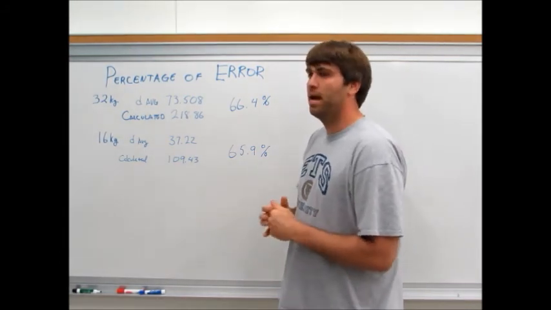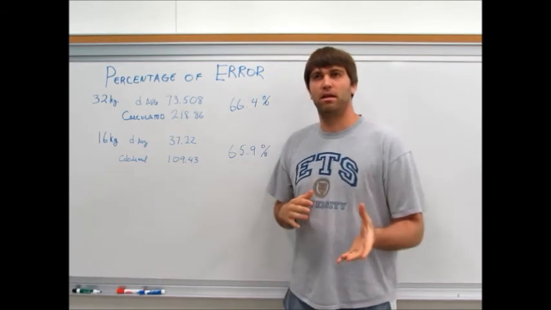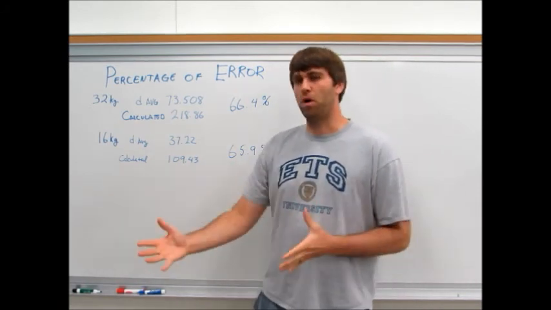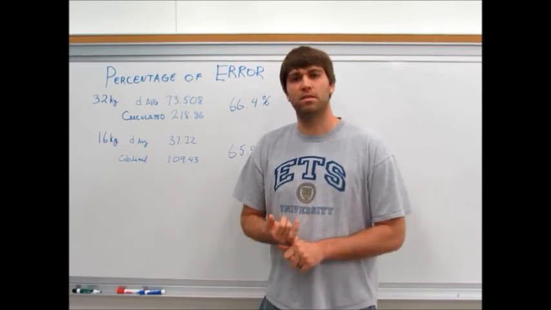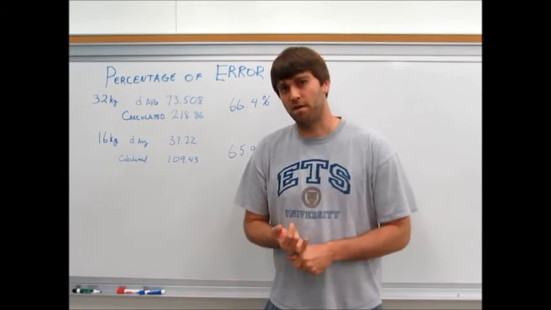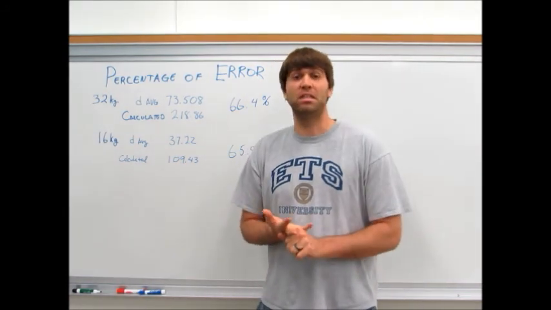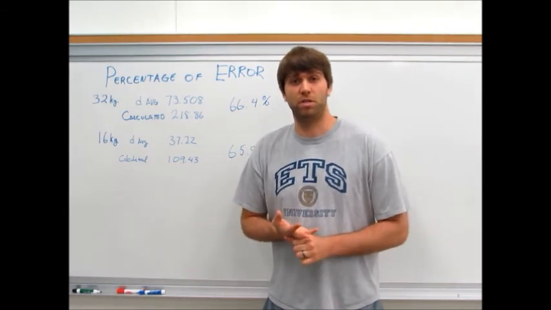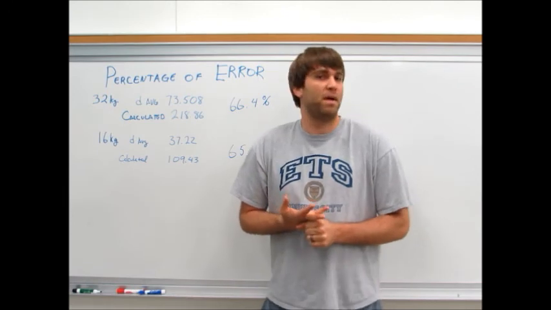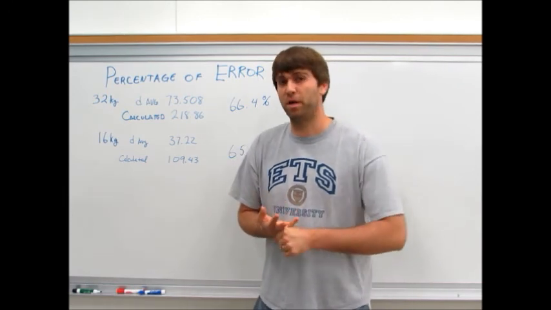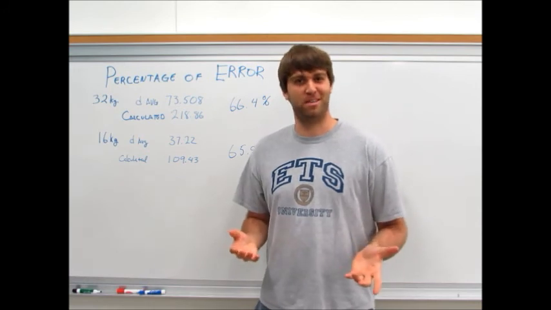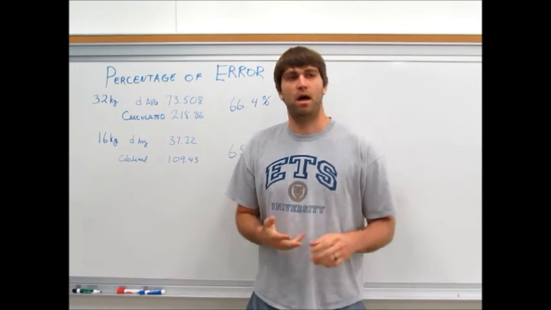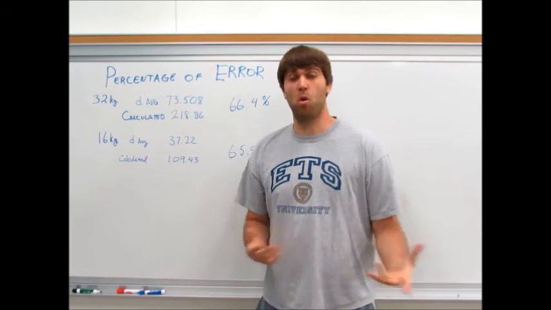The percentages of error are actually very close, so it's not necessarily that we did something super wrong; it's all the reasons behind it. It's the size of the softball compared to its weight. The ideal release angle is 45 degrees, which we might not have gotten. We adjusted, but when you're hammering a nail back and forth, there's only so much adjusting you can do. Also, the wind that day added to normal wind resistance.